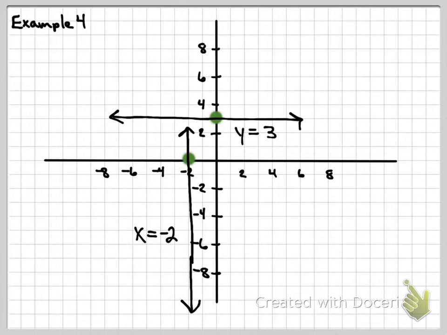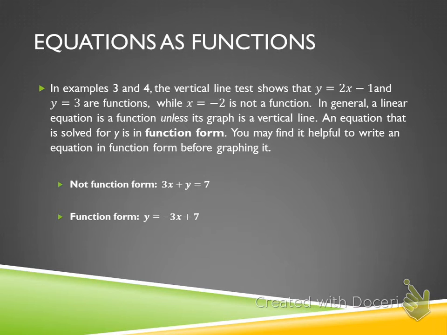So when it asks you on your homework tonight, graph the equation and tell whether it's a function, the answer is yes if it's horizontal. What's your answer if it's vertical? No, it's not. It fails the vertical line test, so it's not a function. Vertical lines are not functions. Their slope is undefined. All right, so that's it for example 4.